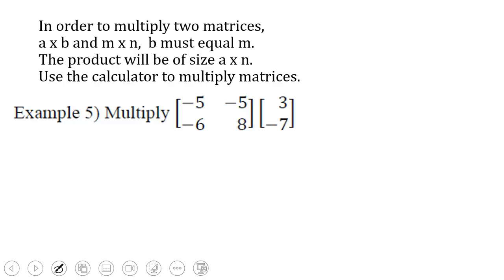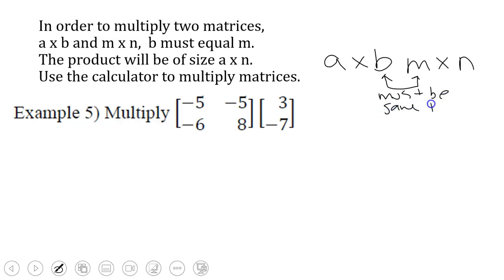So that B must equal M. Essentially, take your two matrices, A and B, and then the second one, M and N, and these have to be the same number to multiply. That's the only rule.